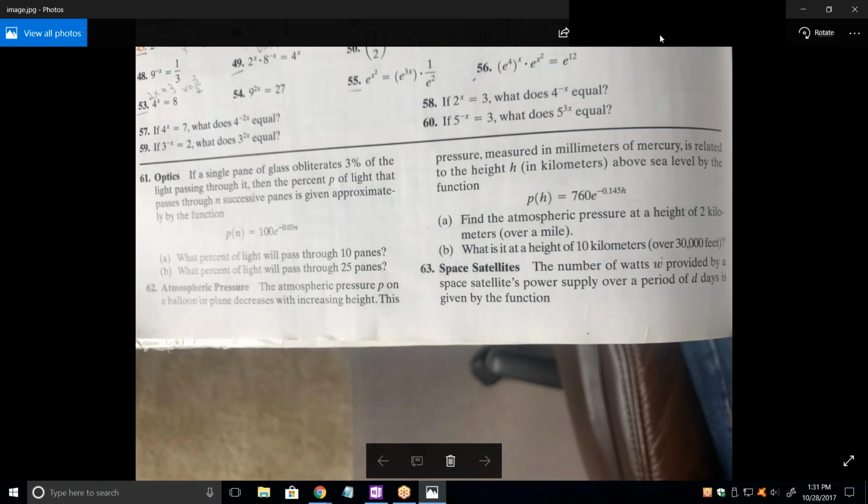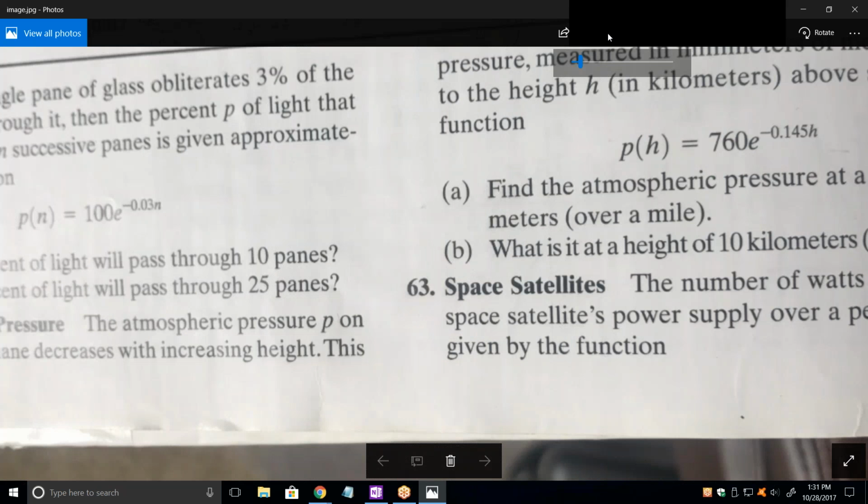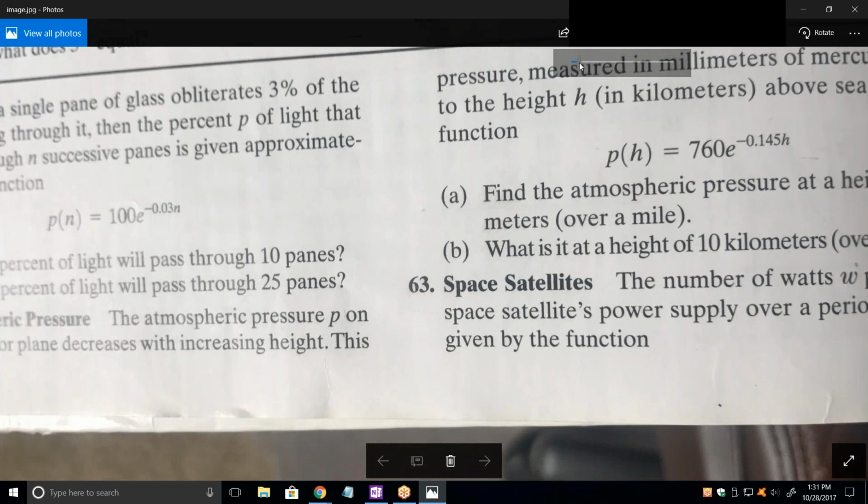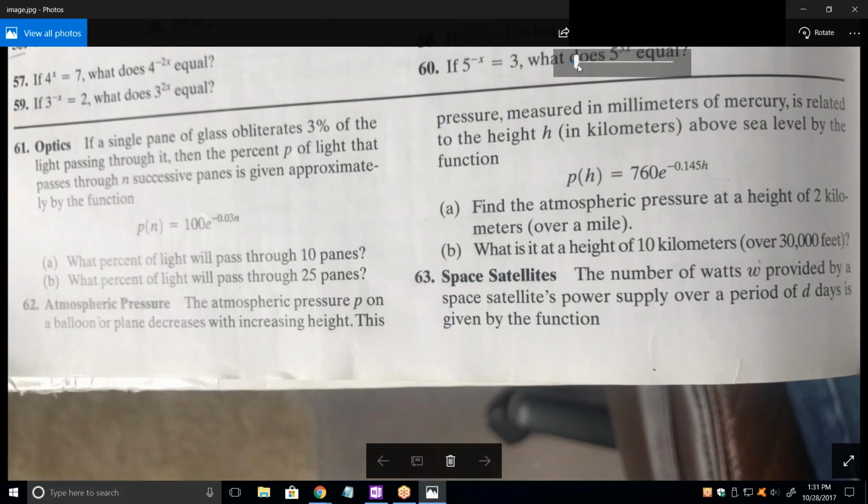Well, my rotate didn't. Oh, there it goes. Just slow. All right. Which of these problems do you want to look at? 61 and 62. Okay.